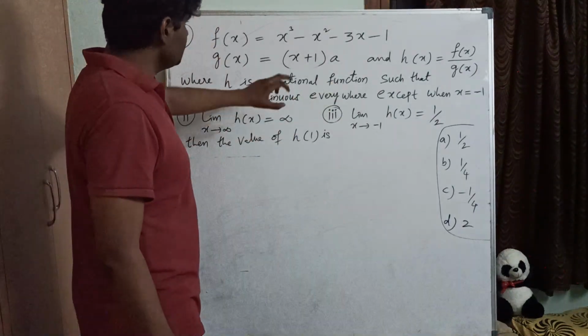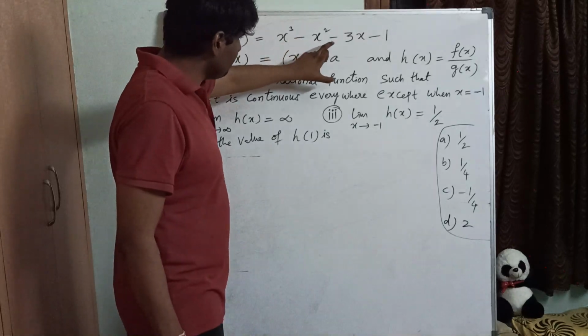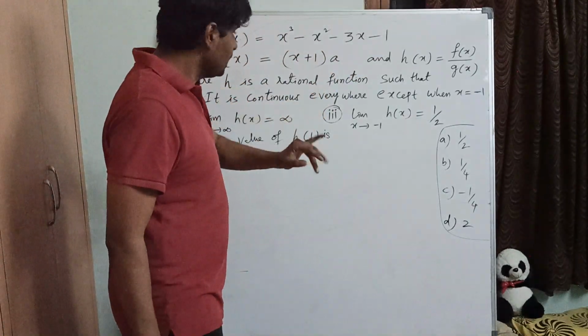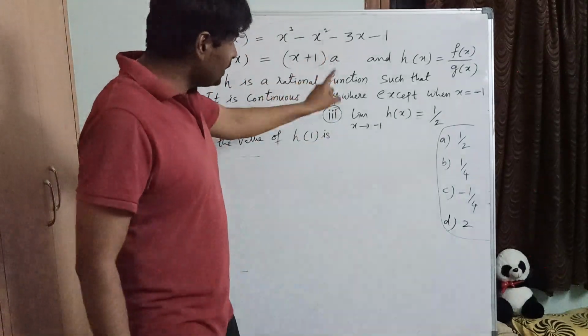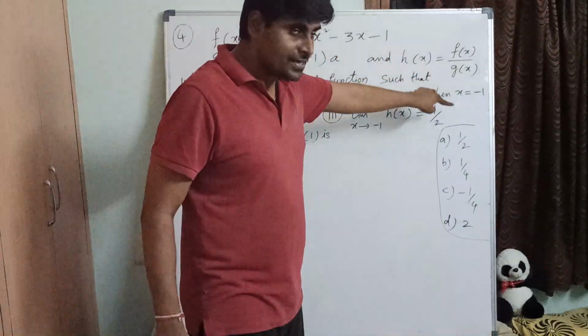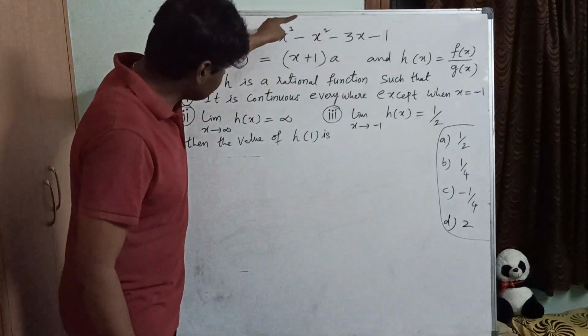F of x equals x cube minus x square minus 3x minus 1, and g of x is x plus 1 into a. And what is h of x given? F of x by g of x, first function by second function.